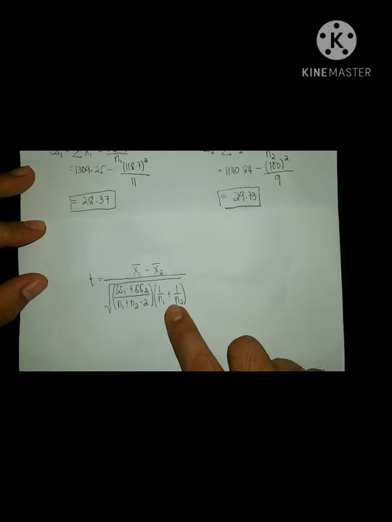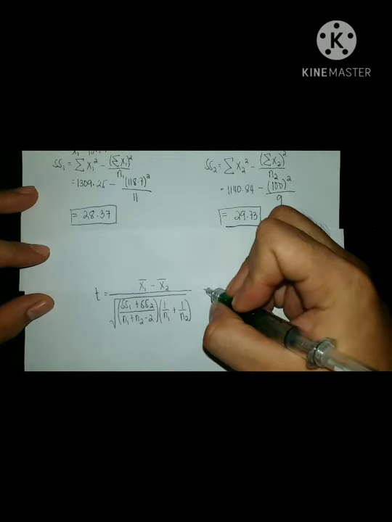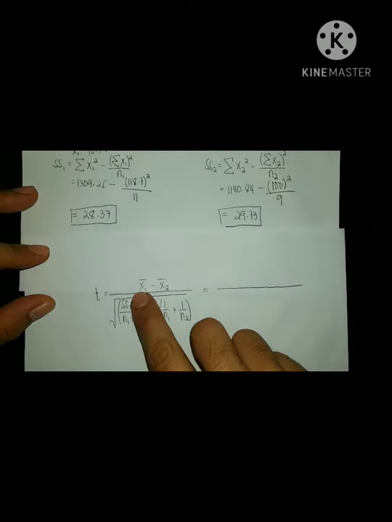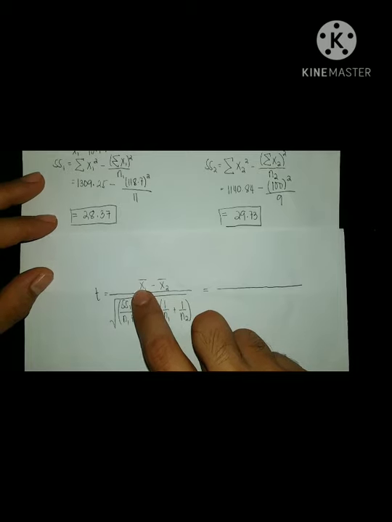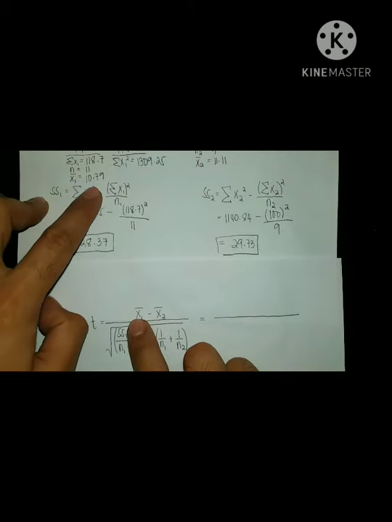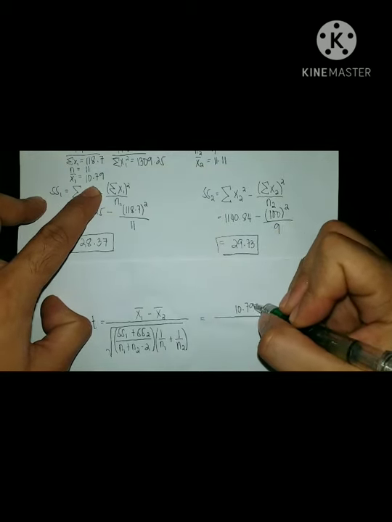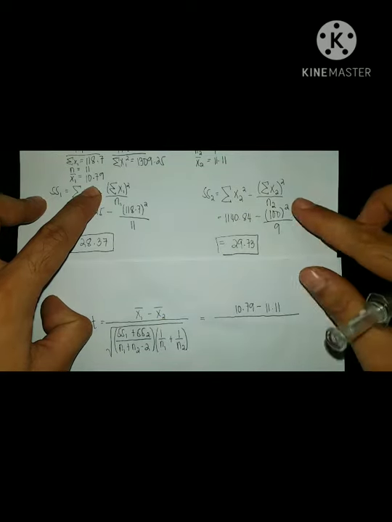So this is our formula. This is the formula for our t-test. So let us now substitute all the given values. So for our x sub 1 bar, or the mean of the first group, is equal to 10.79. So that will be 10.79 minus the mean of the second group, which is 11.11.